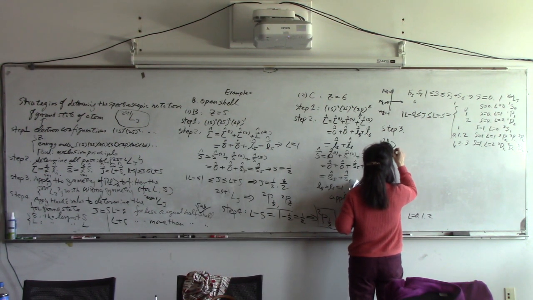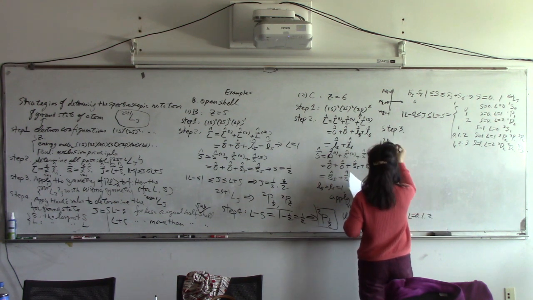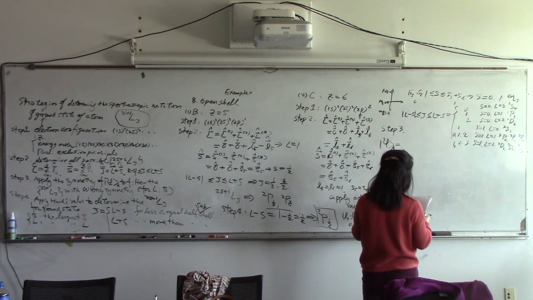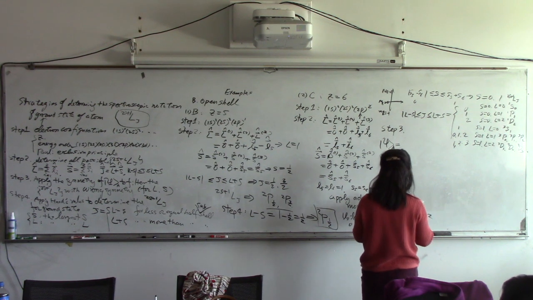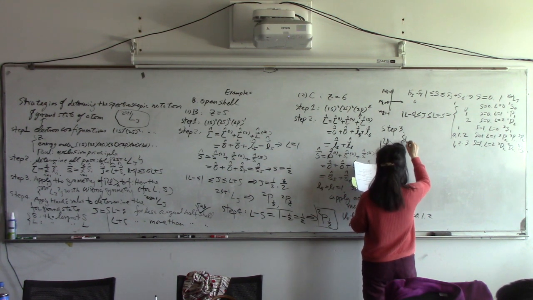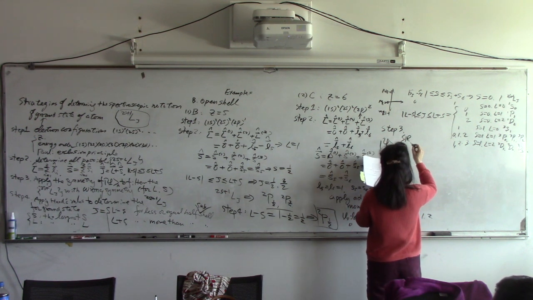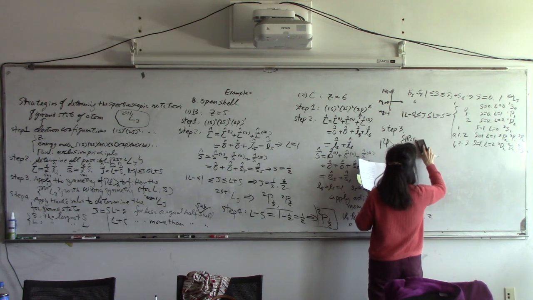Okay. This is antisymmetric, so there are several choices. Remember, since we only consider the 2 outer shells, let's go to R5, the radial part.